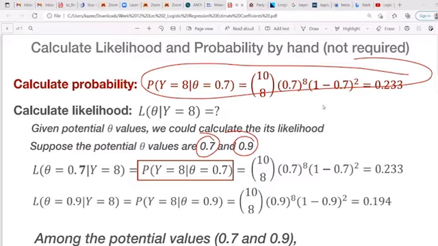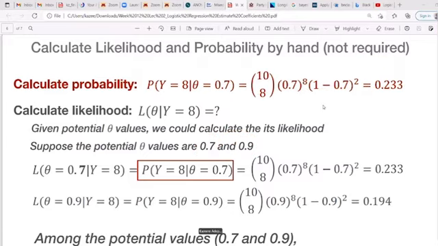That gives us a clue on the values of parameter we are going to consider, because there are a lot of values of parameter we can consider in the range of 0 to 1. Since the other time we have a 0.7 here, we can begin to search between the 0.7 and the 0.9.